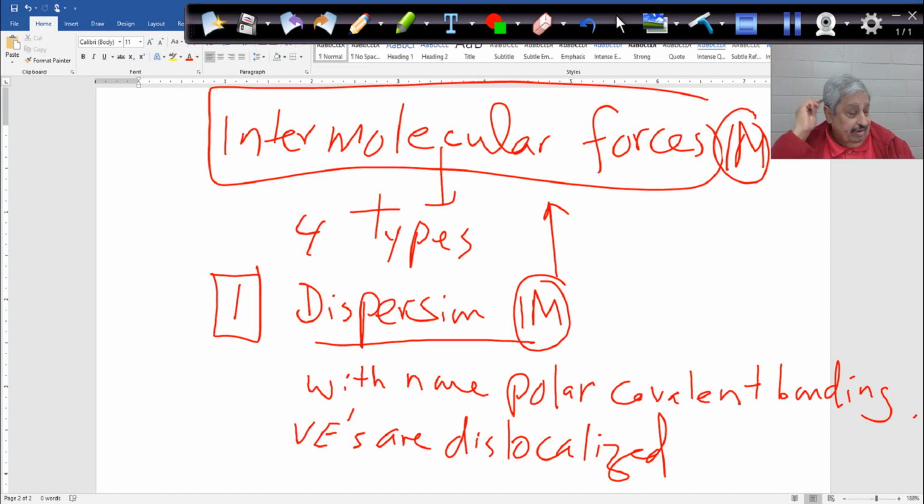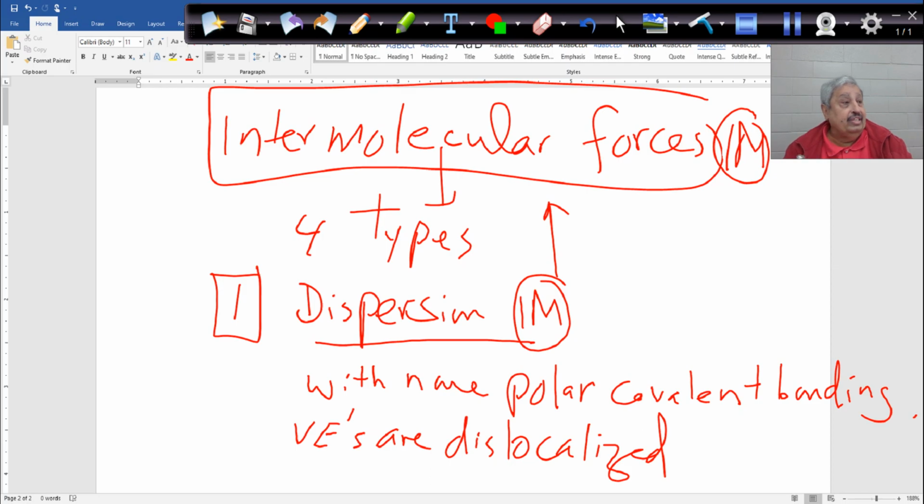Okay, by rubbing it against my hair or against my head, I'm delocalizing the valence electrons of this polymer, whatever its carbon may be, whatever the compound is inside. But what will happen is this will come because of the delocalizing of these valence electrons.